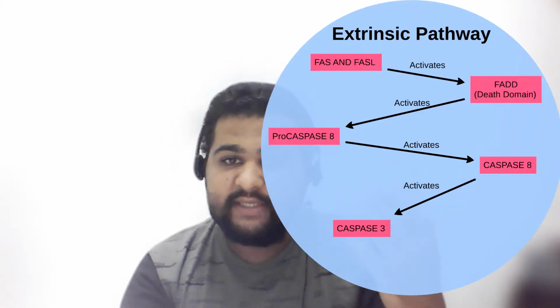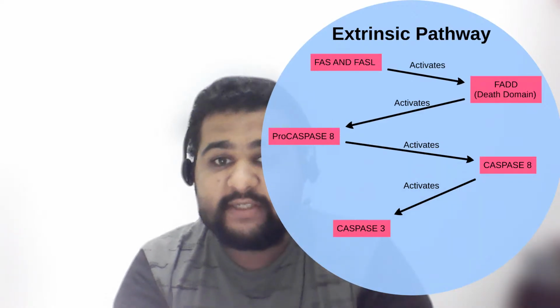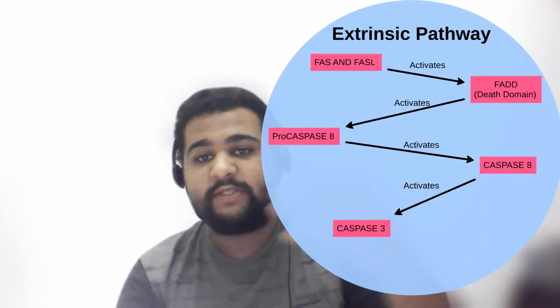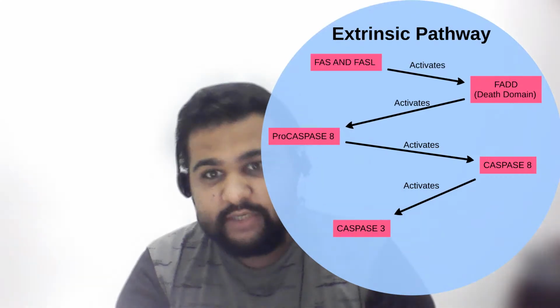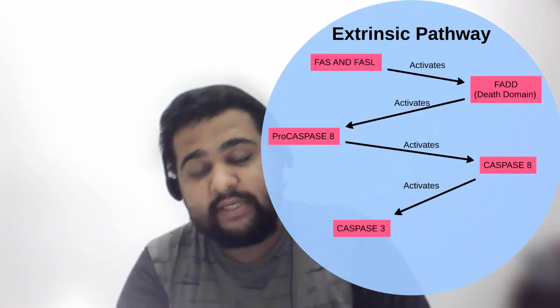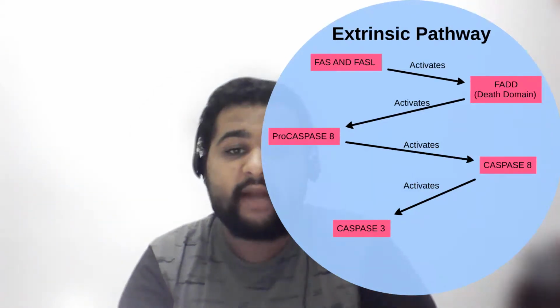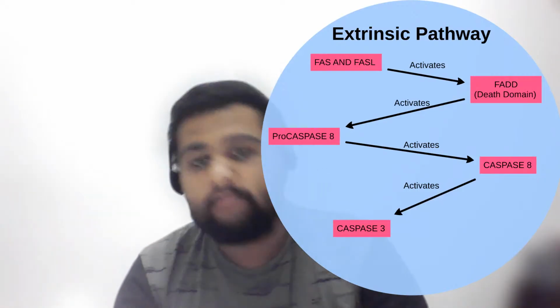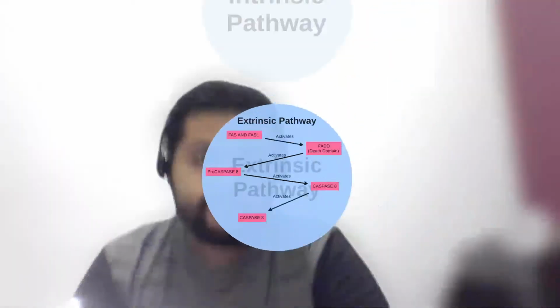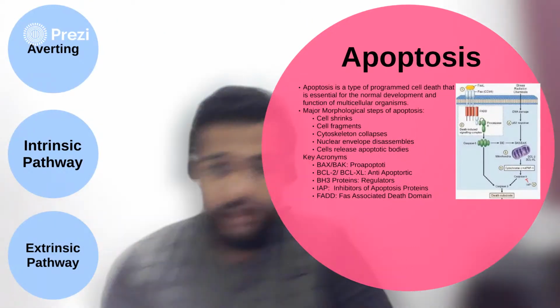Then caspase 8 goes along and activates caspase 3. Caspase 3 causes a cascade of caspase activation, which eventually results in the death substrate being activated. With the death substrate activated, apoptosis can proceed. This is the extrinsic pathway.